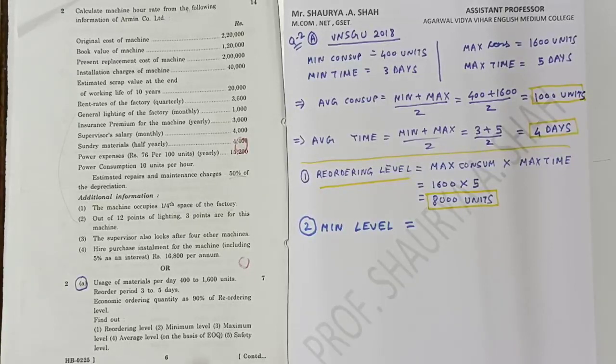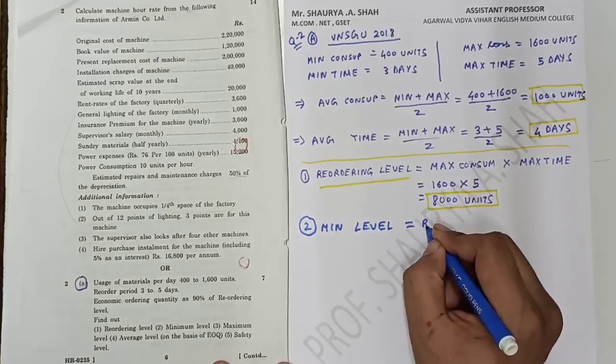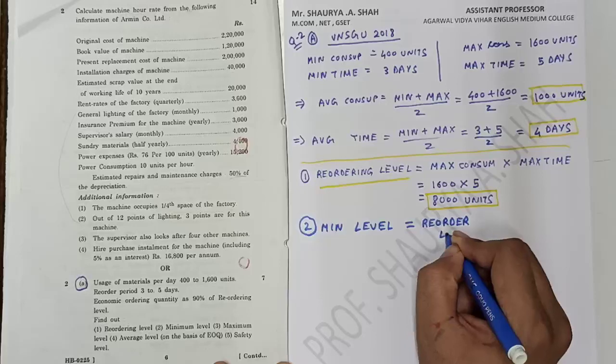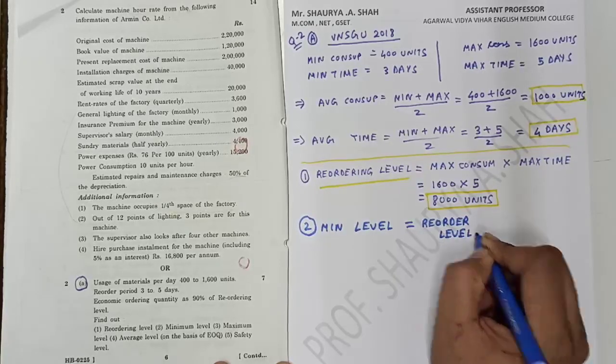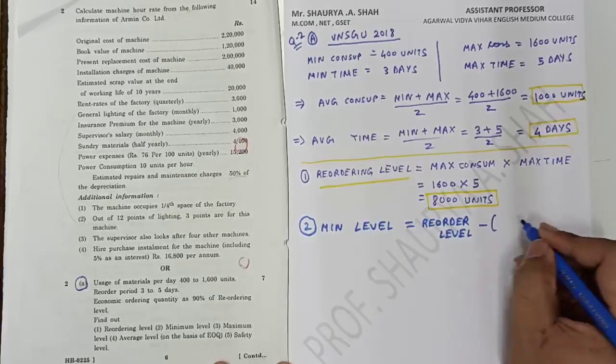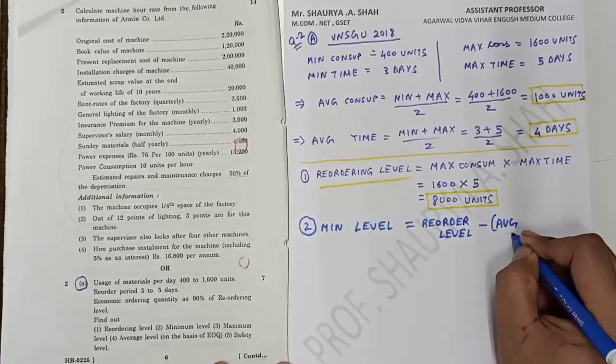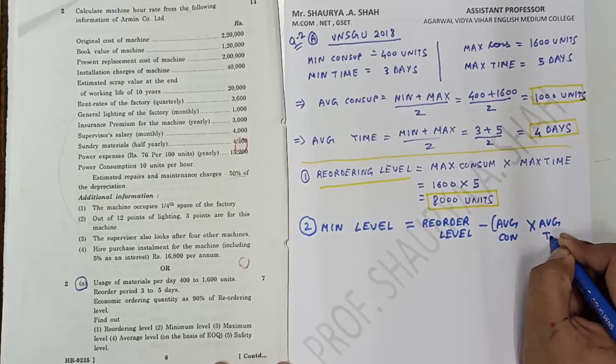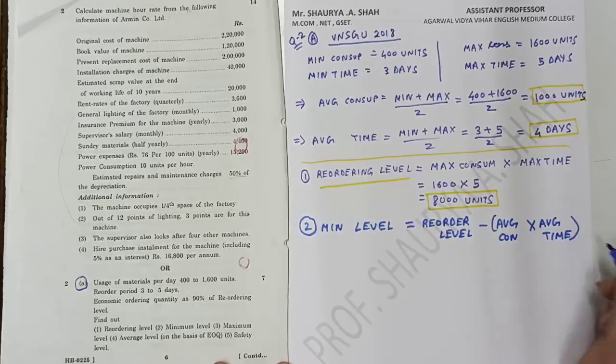If you know the formula, minimum level gives me reordering level minus average consumption into average time. That's why I tell you always find out the particulars first, then you can solve the sum very easily.